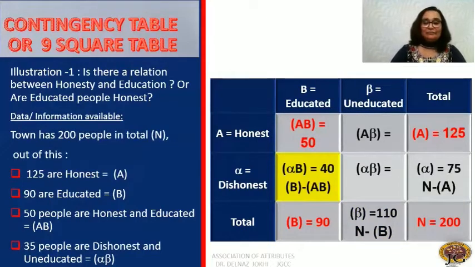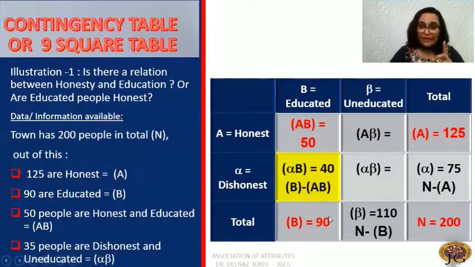How did alpha B come? B 90 minus AB 50. 90 minus 50 is equal to 40. That's how you get the value of alpha B. Now my dear student, always remember, this is your total.